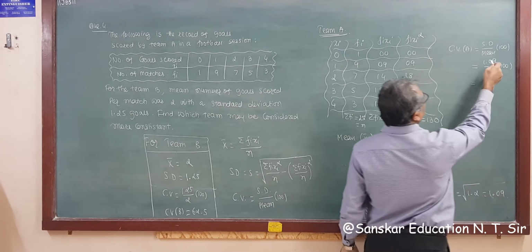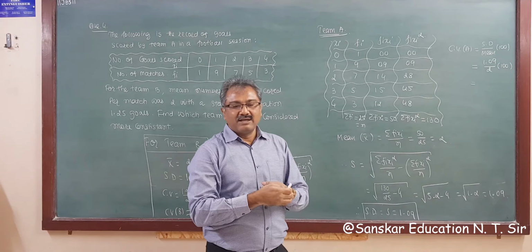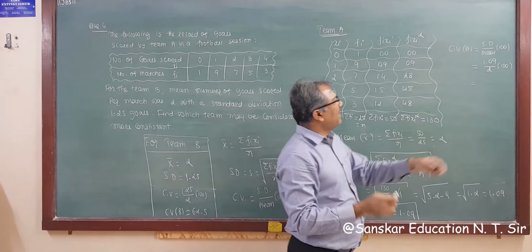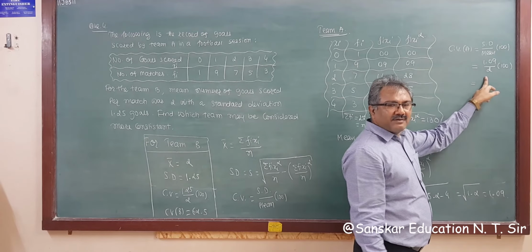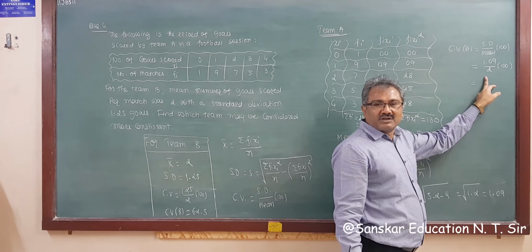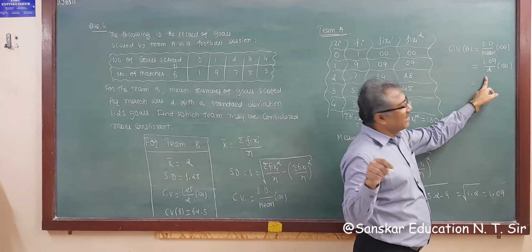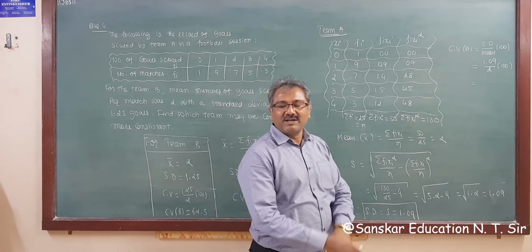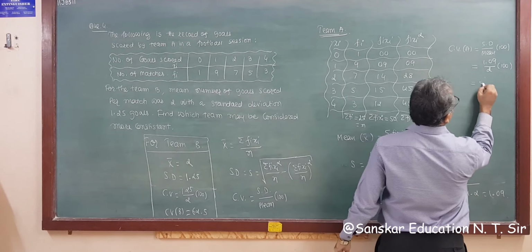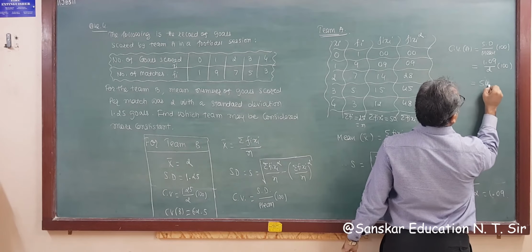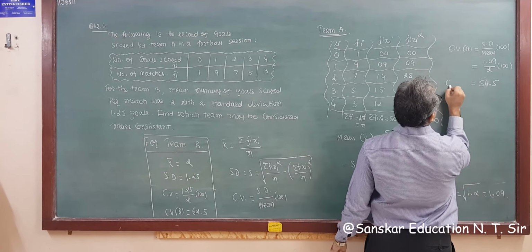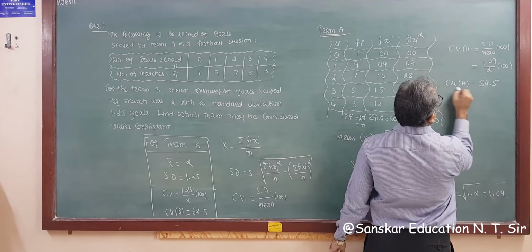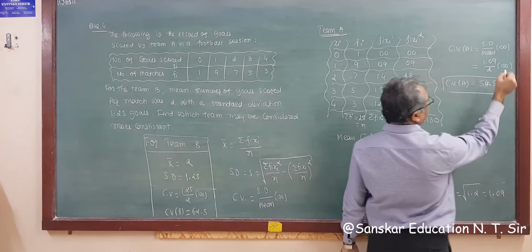So the answer will be half of 109, that is 54.5. So CV for A is 54.5.